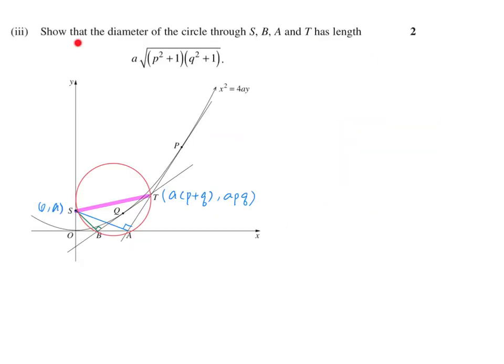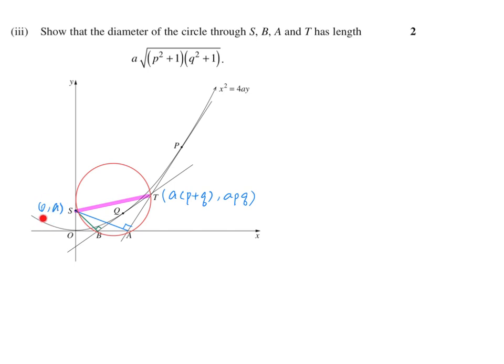Question 3 asks you to show that the diameter of the circle passing through S, B, A, T is equal to this form. To find the diameter of the circle, because angle SBT is a right angle, and angle SAT is also a right angle, you know that ST is the diameter of the circle.